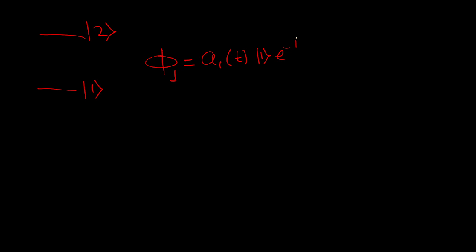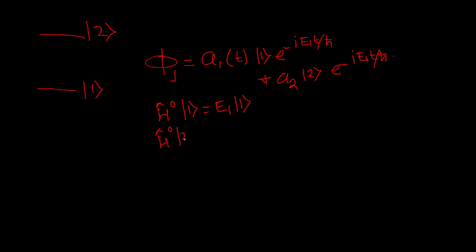Okay. So, with a two level system, the superposition of state is given as a1 psi 1 e to the i e1 t plus a2 psi 2 e to the i e2 t. Now, in unperturbed condition, this value will give you this.